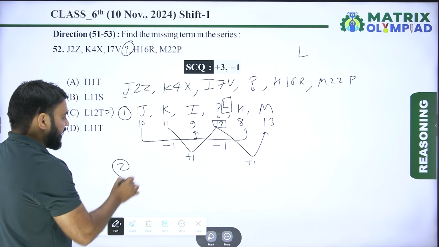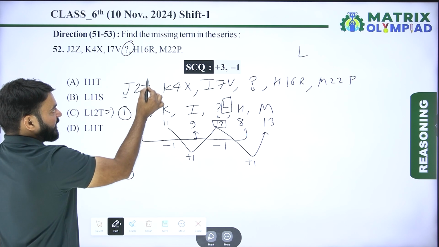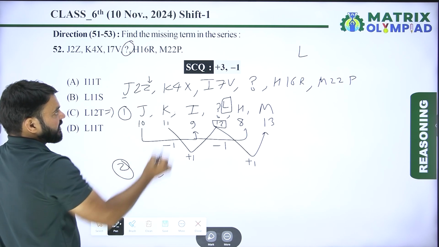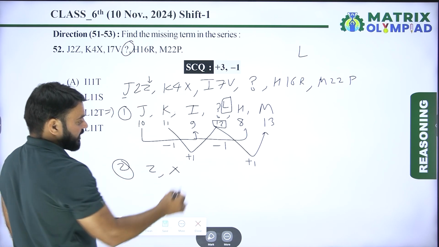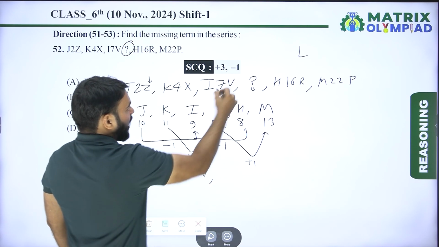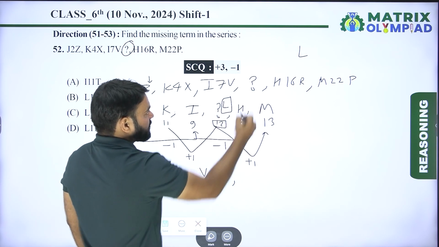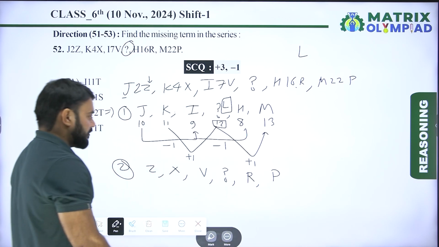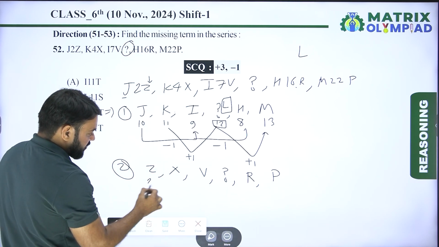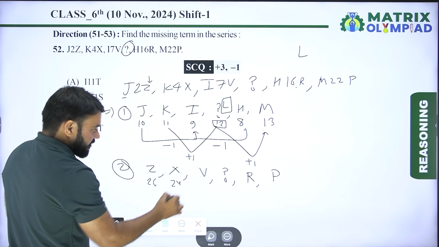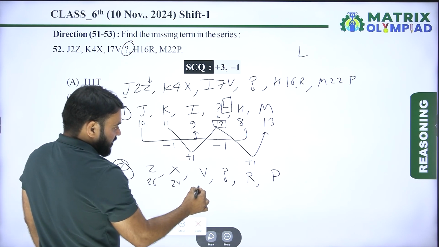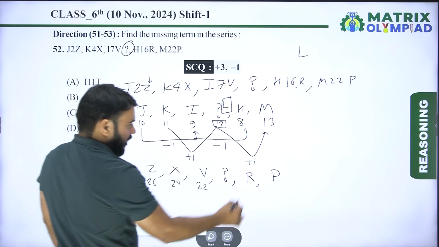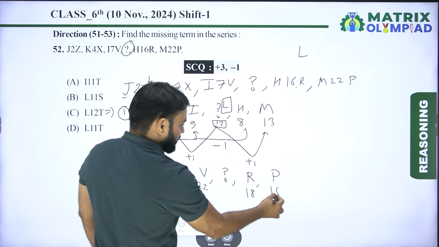Now taking the second alphabet of each term. The second alphabet of the first term is Z, of the second term is X. After X, next is V, after V, next is missing, after missing, next is R, after R, next is P. Now check the pattern. The place value of Z is 26, X is 24, V is 22, R is 18, P is 16.